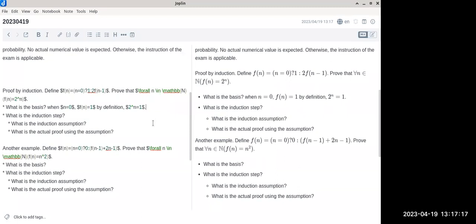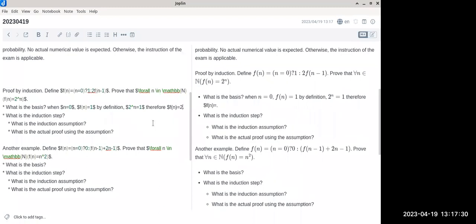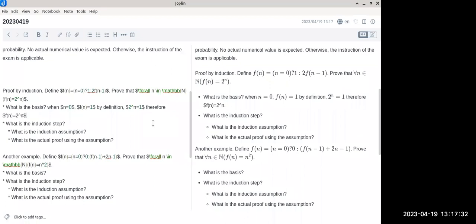Does that make sense? So that means f of n does equal 2 to the power n when n equals 0. Therefore, f of n equals 2 to the power of n when n equals 0.